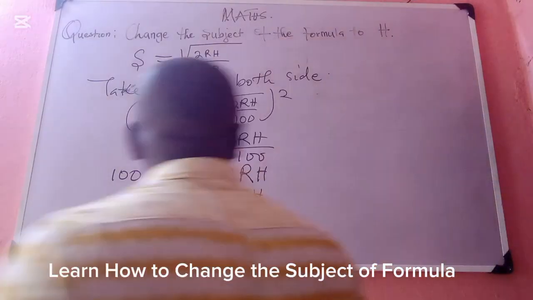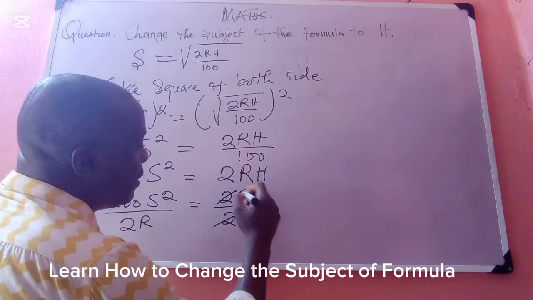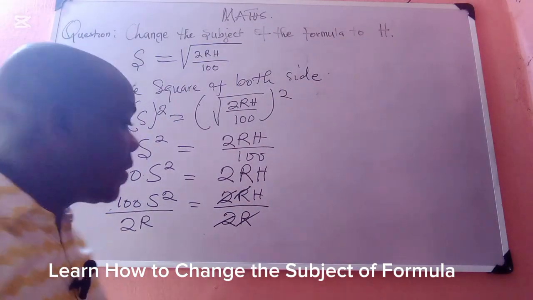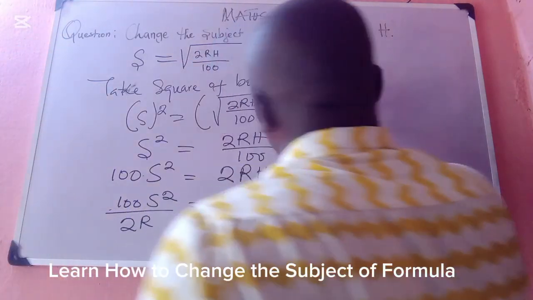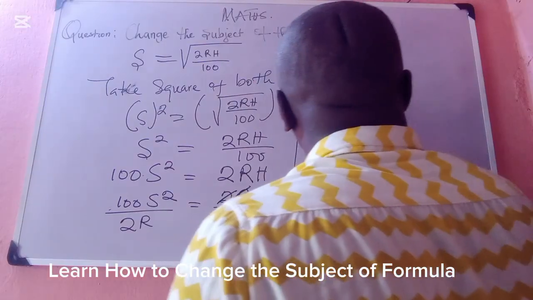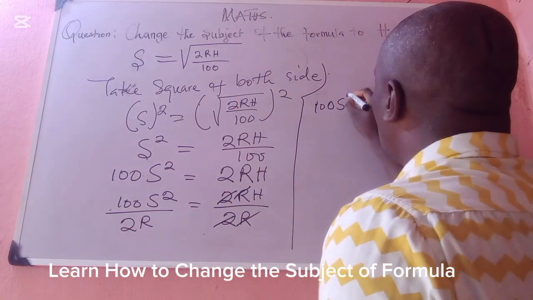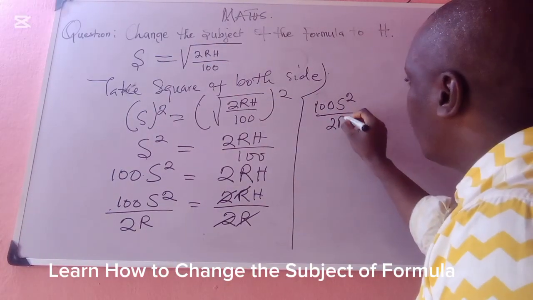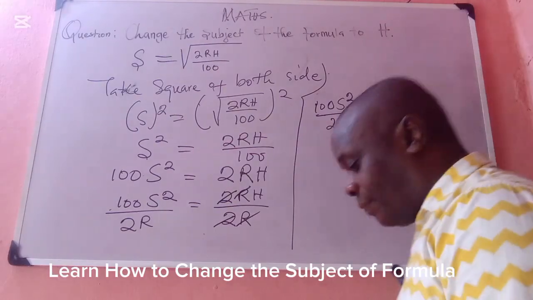This and this will go off. So we will now have 100 S squared all over 2 equals H.